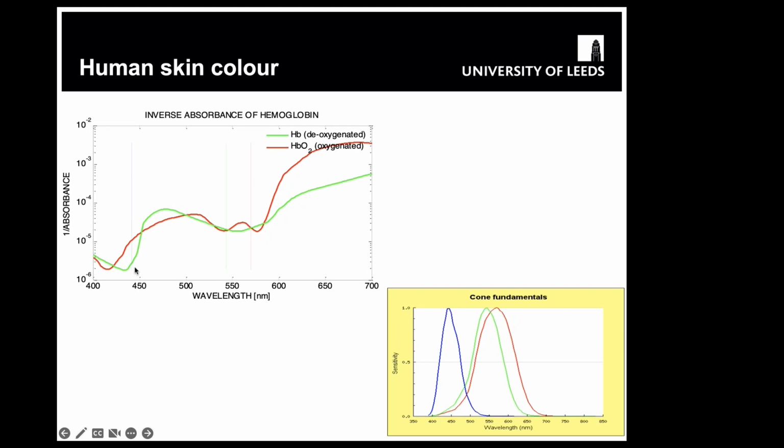Okay, so this line indicates, roughly speaking, the peak of the blue cone. This line indicates the peak of the green cone. This line represents the peak of the red cone, okay? And so it's very interesting to see it.